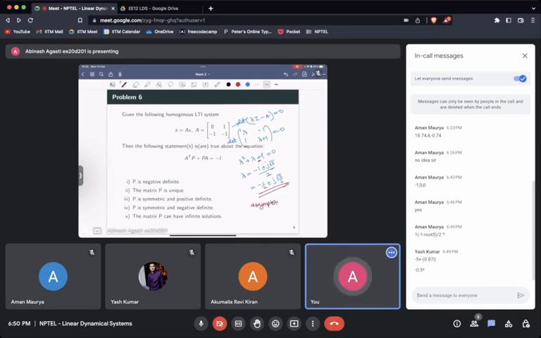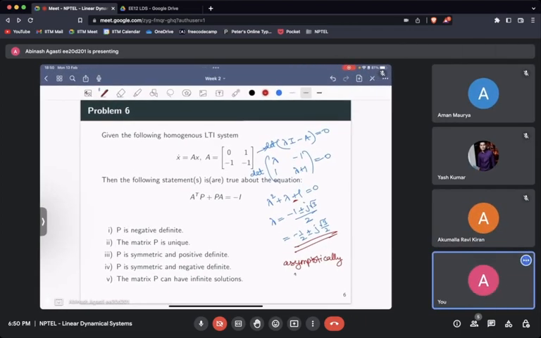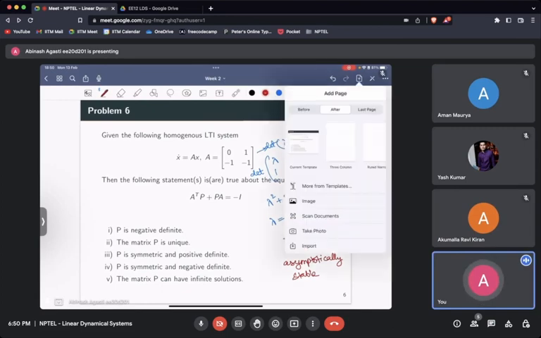Why? Because the eigenvalues have negative real parts. Strictly negative. There is no eigenvalue with a zero real part. Asymptotically stable.